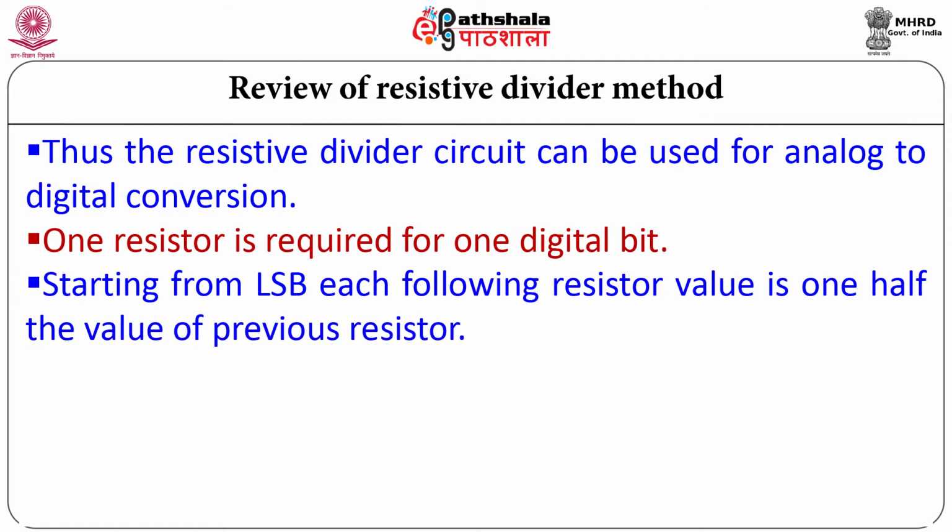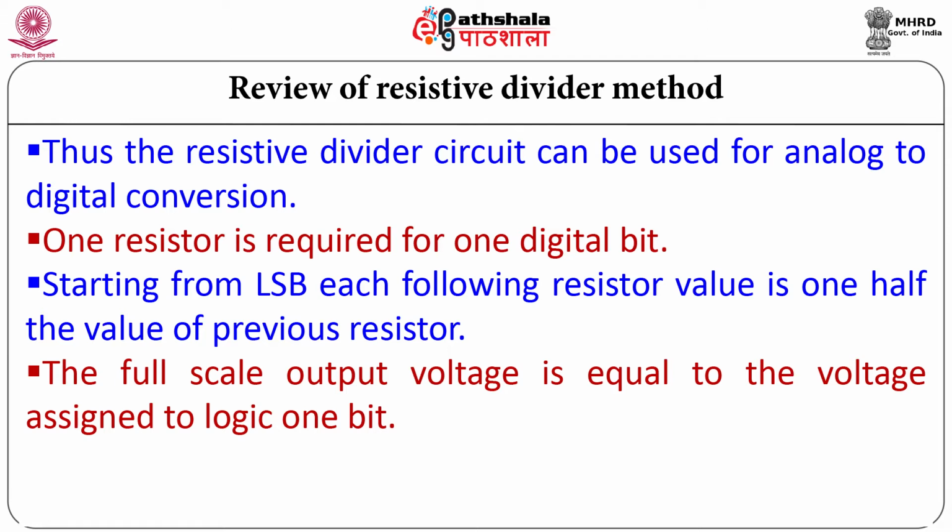Starting from LSB, each following resistor has a value one half the value of the previous resistor. It is further found that the full scale output voltage is equal to the voltage assigned to logic 1 bit. That means, if we assume that logic 1 equals plus 7 volt, full scale output will be plus 7 volt. If we assume that logic 1 equals plus 15 volt, full scale output will be plus 15 volt.